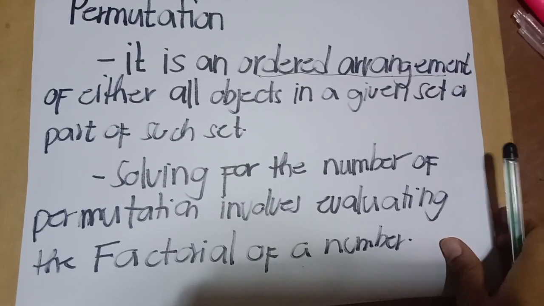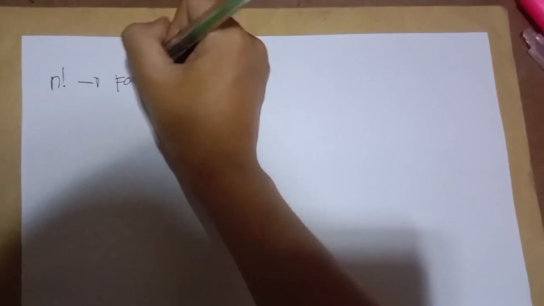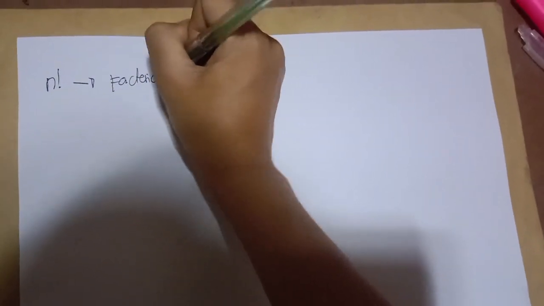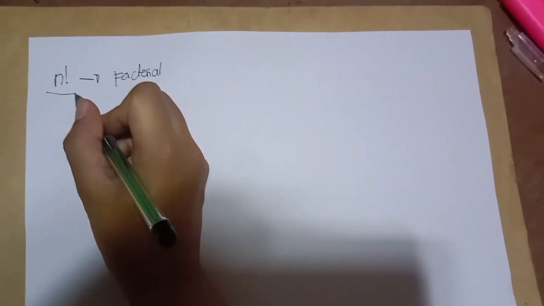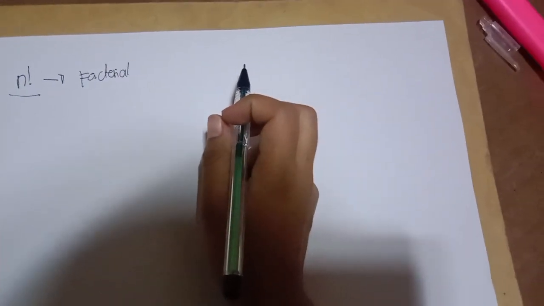So the n we can read as n factorial. So this is a factorial: the product of the positive integers n and all the positive integers less than n.